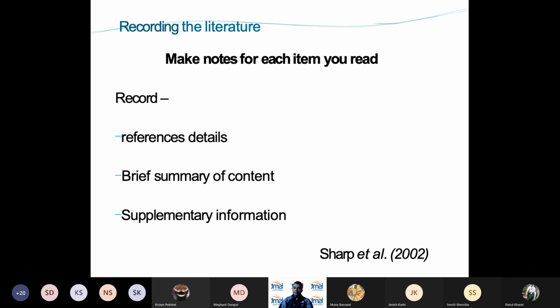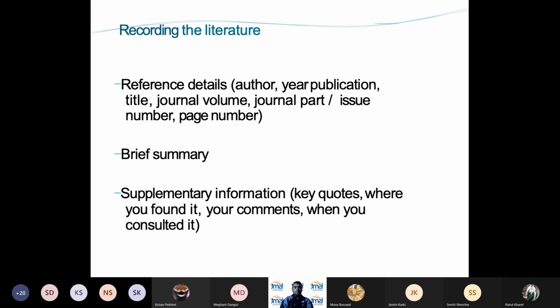If any supplementary information is needed, such as where you have taken it from and what the implication of that research is in your context, you can provide it in the literature review. So for recording the literature, the referencing detail means author and year of publication, following the APA style. For the brief summary, you can copy the abstract published with that journal or article.